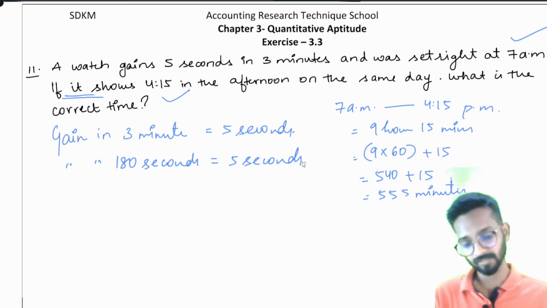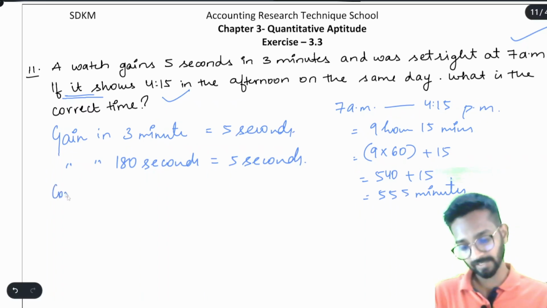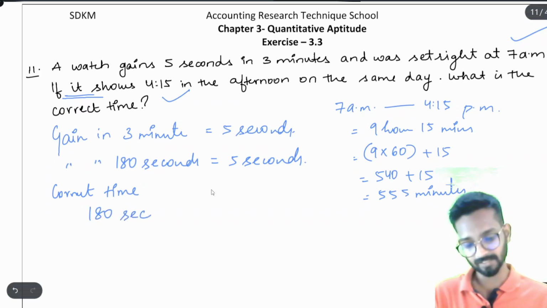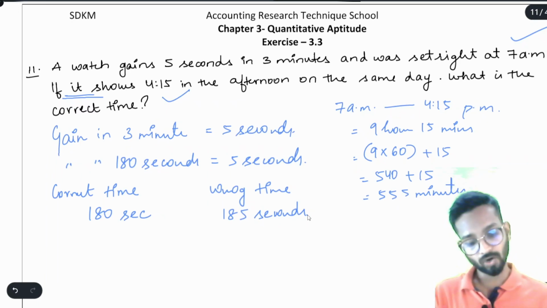When the correct watch passes 180 seconds, the wrong time will be extra 5 seconds because the gain is 5 seconds. So the wrong time will be 185 seconds.